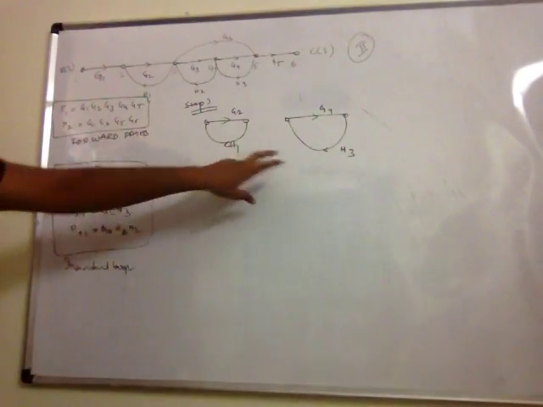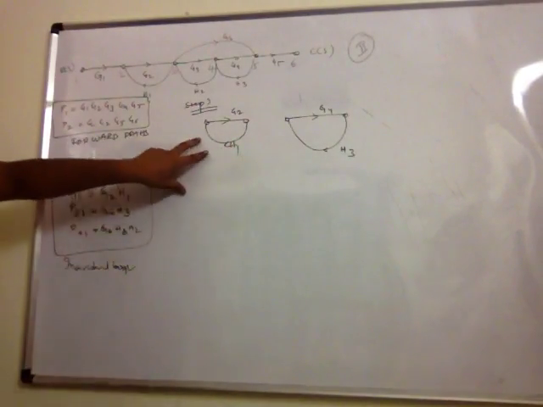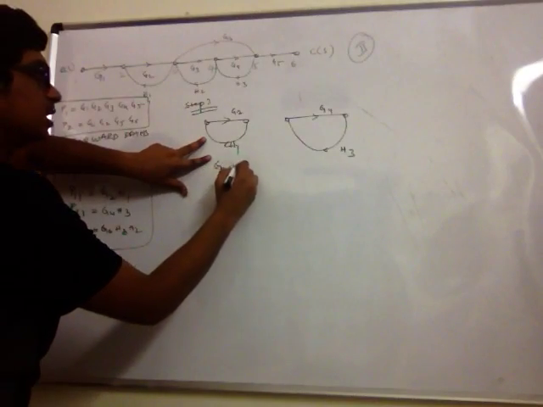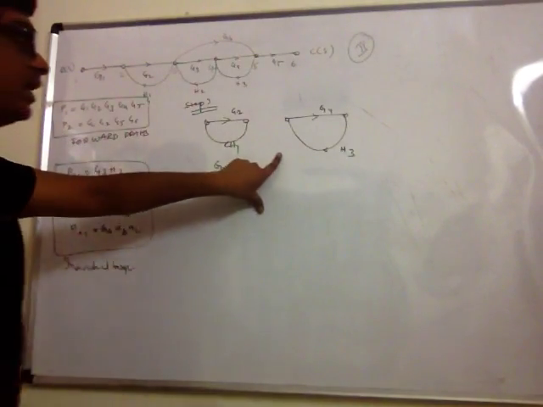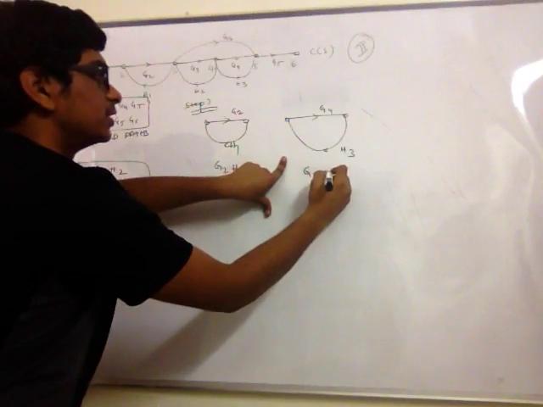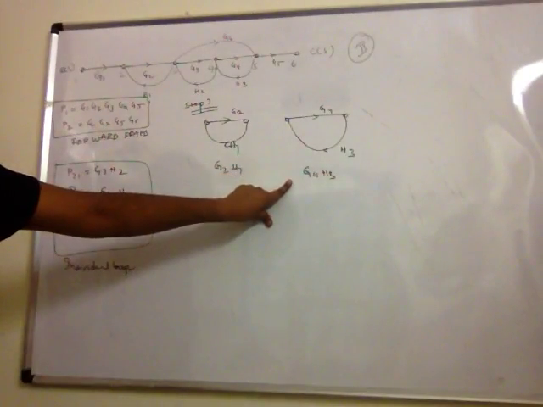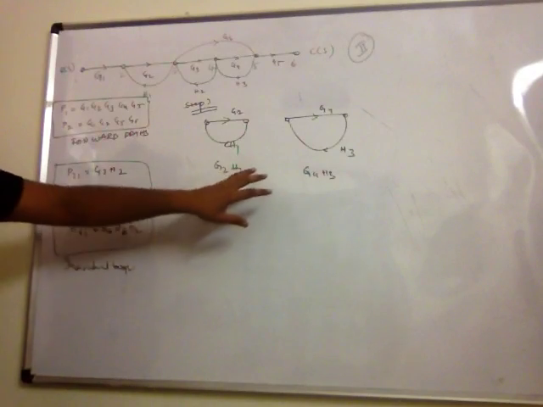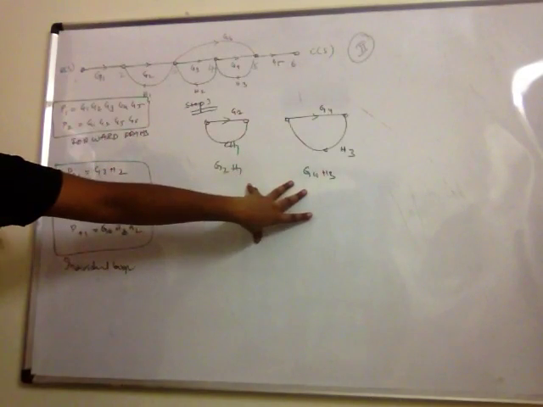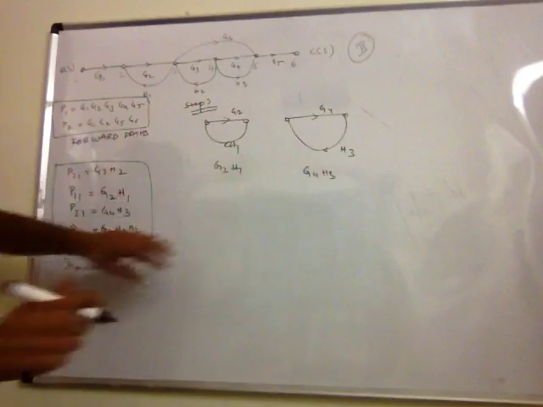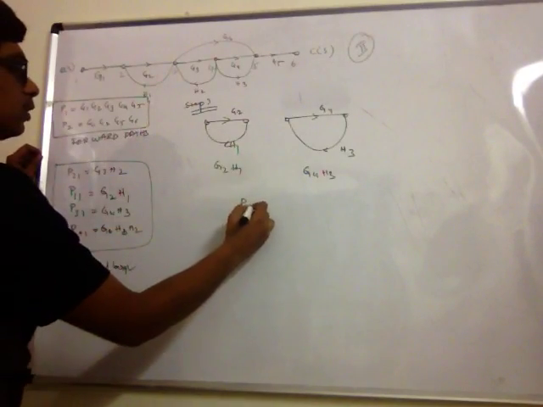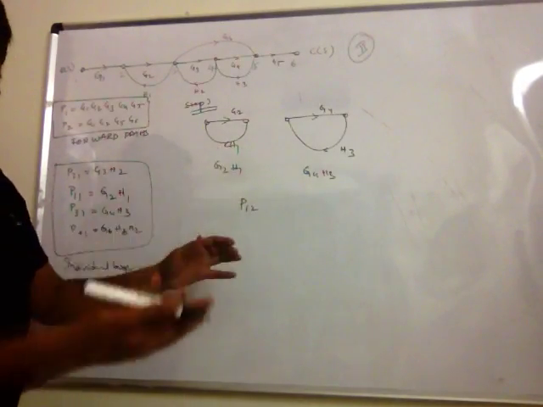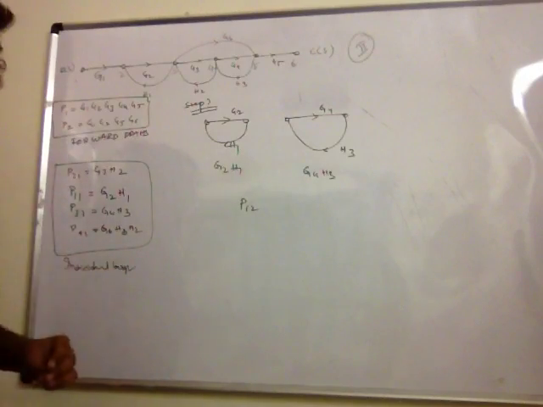So these are the two loops, and the gain of this loop is G2H1 and the gain of this loop is G4H3. So the third step is all about the gain products of the non-touching loops, and this is denoted by P12, P13, P14 and so on like that.